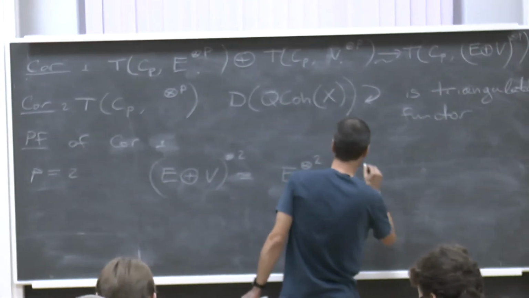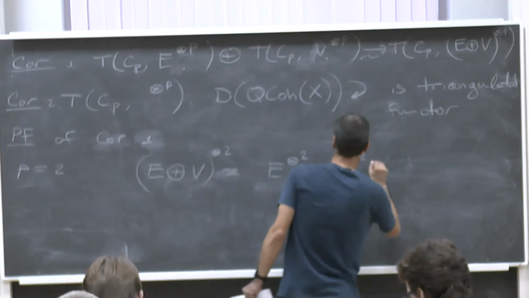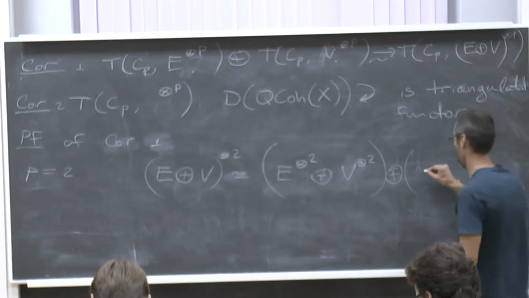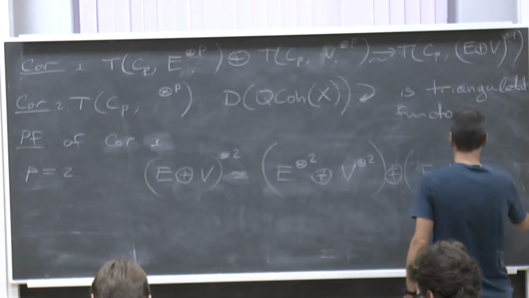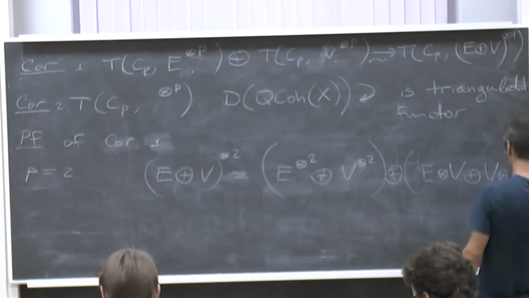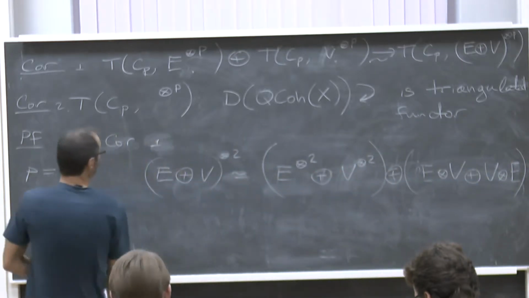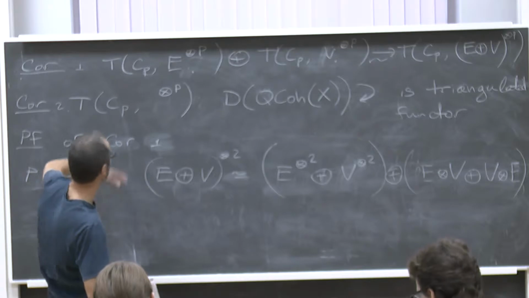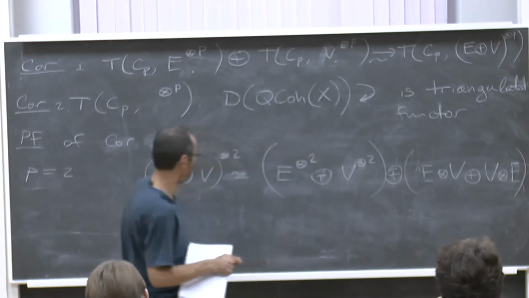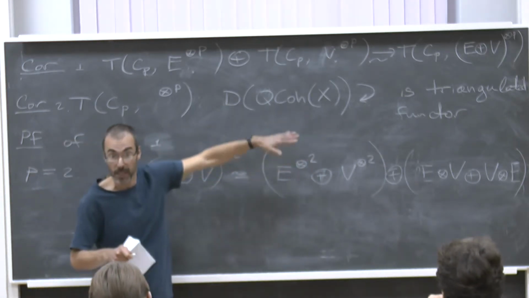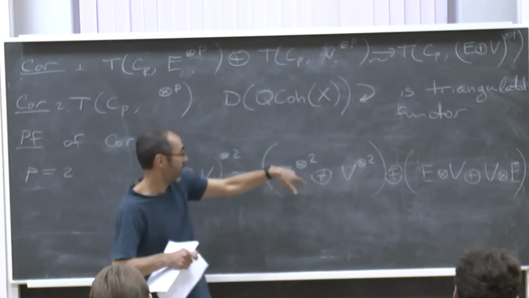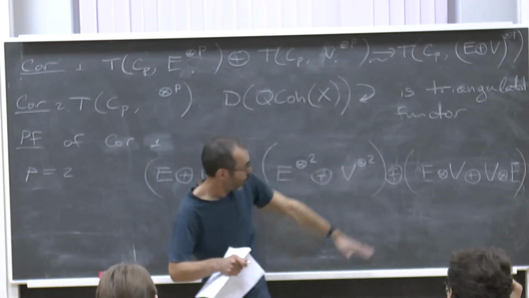This is one piece, and another piece is E tensor V plus V tensor V. So in order to compute this, you see that this complex gets decomposed as a direct sum of two complexes: the complex corresponding to the tensor square of E, plus this remaining part.